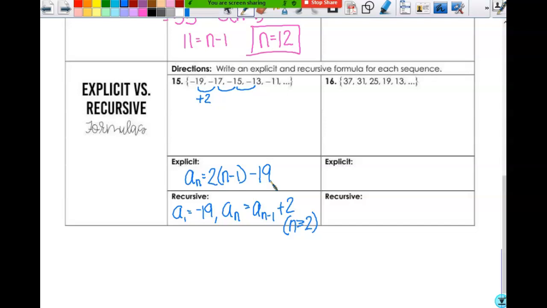All right. You do number 16. Find the recursive and then find, oh, I don't care what order you do it in. I'd do the recursive first, but that's just me.